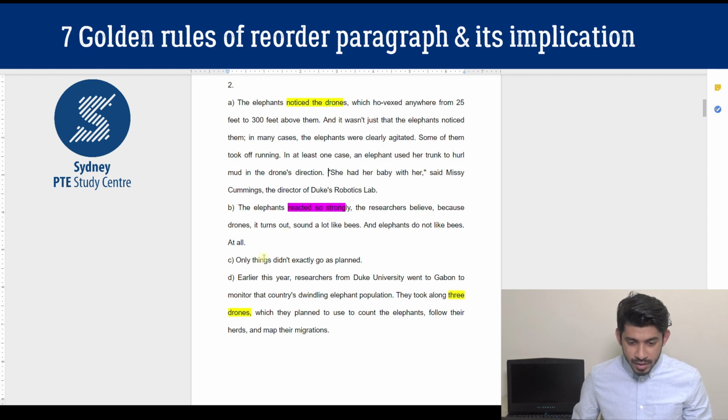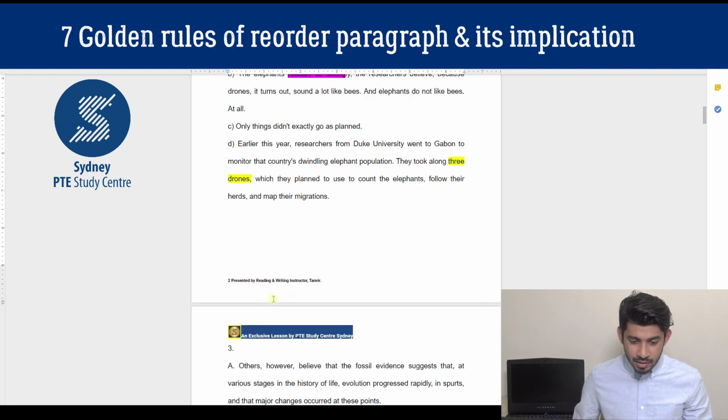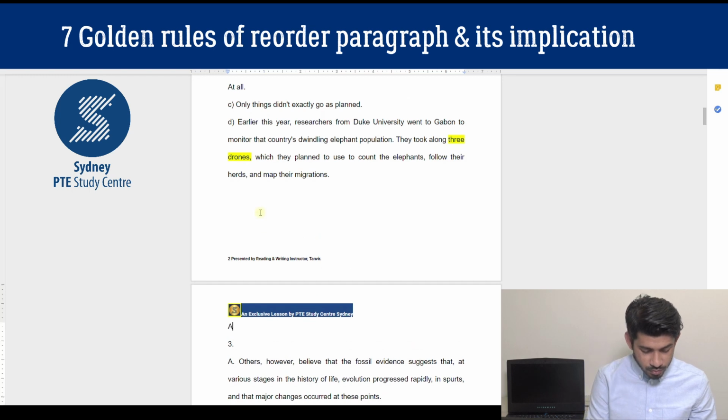Okay, only things didn't exactly go as planned. So where would you place this sentence? It means somebody made some plan before that didn't go as they planned, right? So this is the plan. They wanted to monitor something in D. That's my answer now.